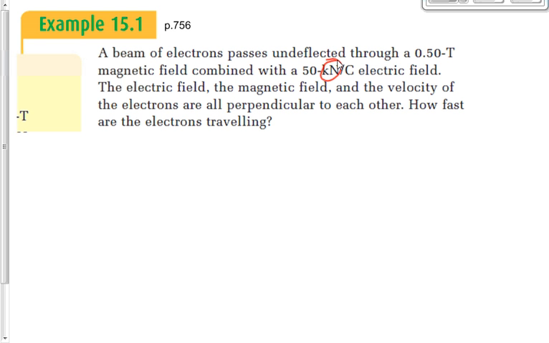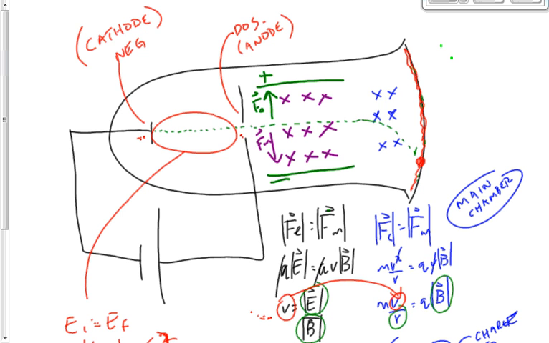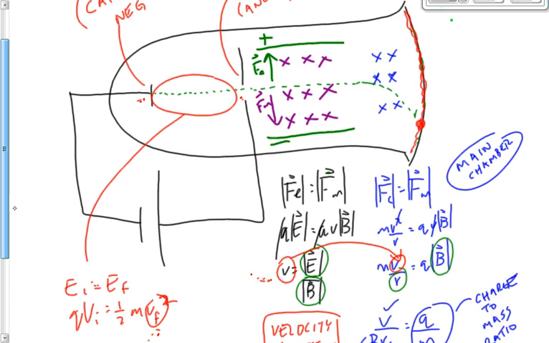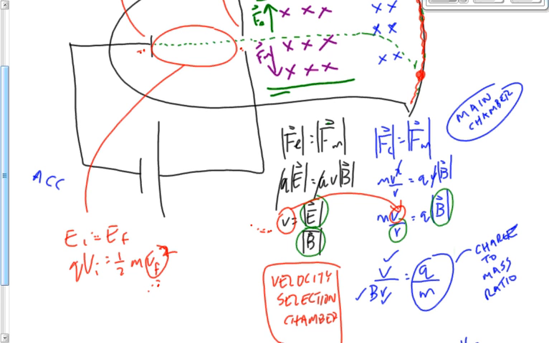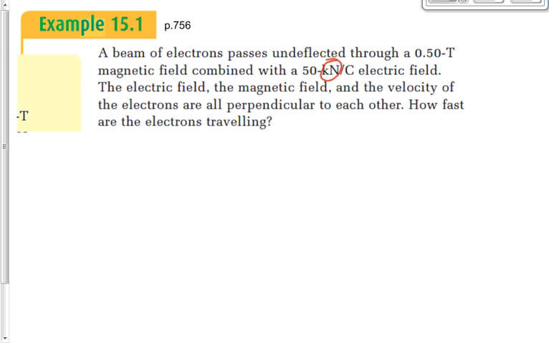This is a cathode ray tube problem. Let's go back to this diagram, though. Which section of the cathode ray tube is it? Is it the acceleration chamber? Is it the velocity selection chamber? Or is it the main chamber? Let's look at what we have again. We've got a magnetic field.